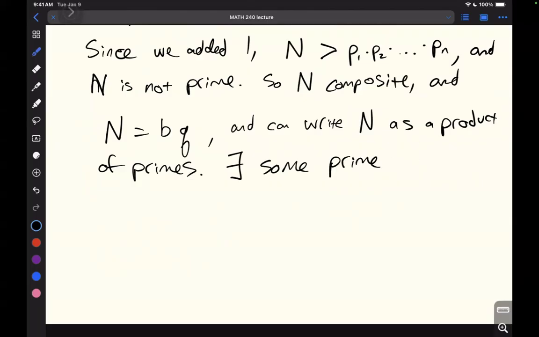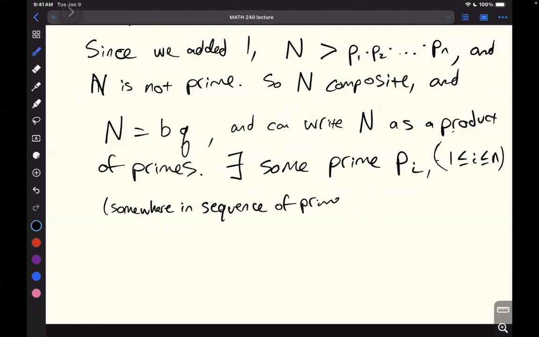I don't know where it is in the sequence of primes, so I'll call it Pi, where i is between 1 and lowercase n. So it's just somewhere in that sequence of primes. And so there's some prime that divides N.